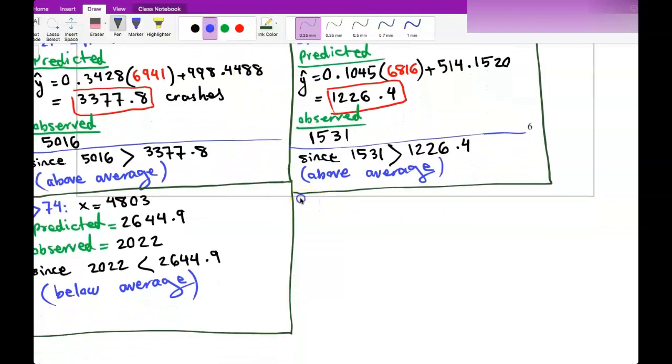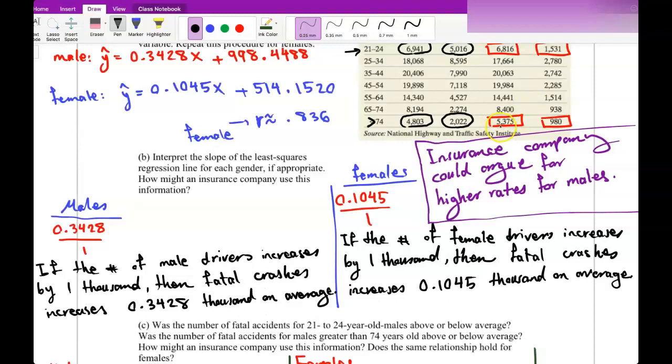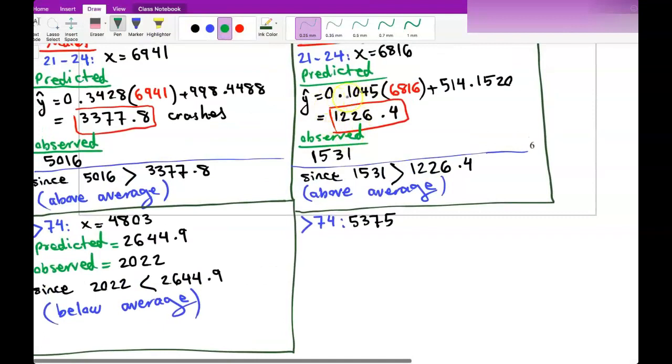Now for this age group, X is 5,375. Exactly the same as this part, finding predicted: now instead of X we have this number, 5,375. Find y hat.